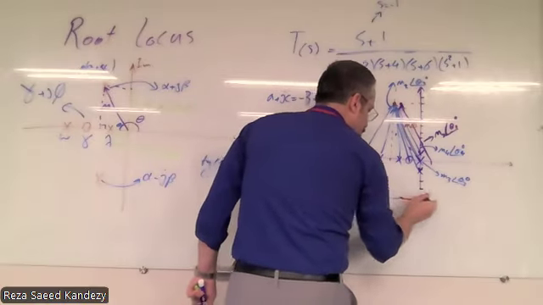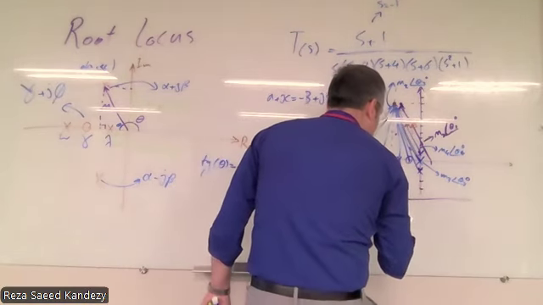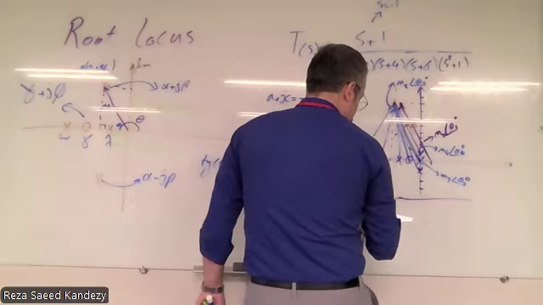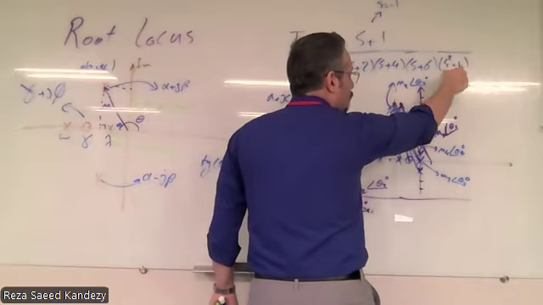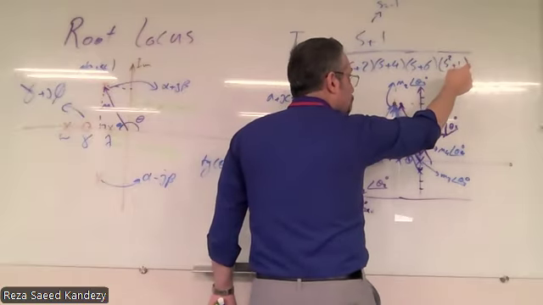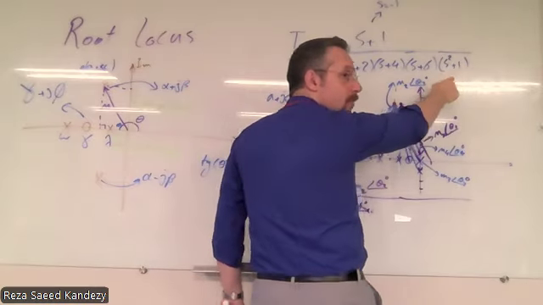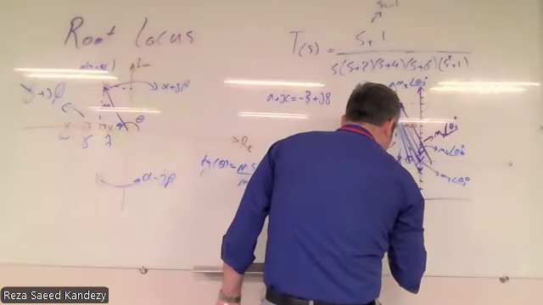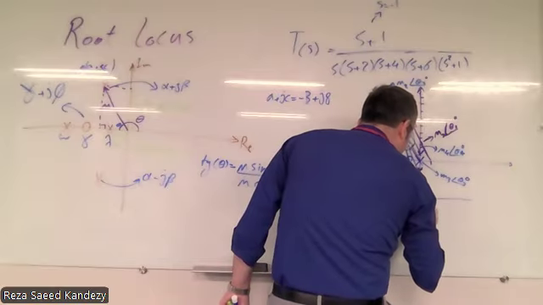Then this one become M4 theta 4 and M5 theta 5. Okay, so it's gonna be M4 theta 4, M5 theta 5.